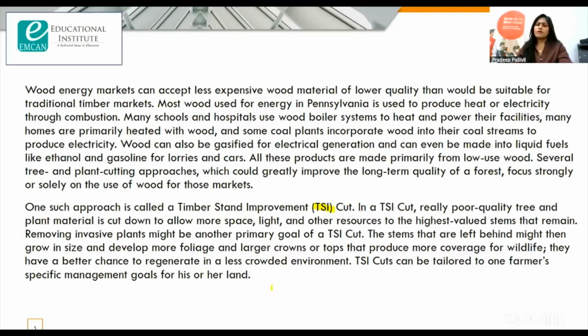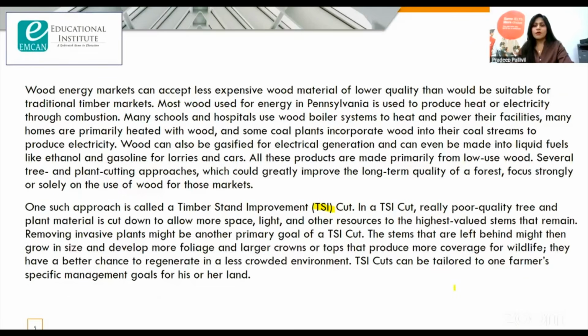Okay, so we read the purposes earlier. So, do they talk about removing trees that are diseased? They talk about removing trees, but for what? In the TSI, really poor tree and plant material is cut down to allow space, light, and other resources. But they're talking about poor quality here. They're not talking about the diseased ones. So you can avoid that.